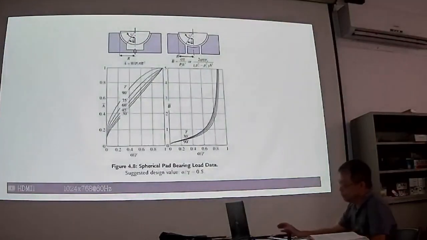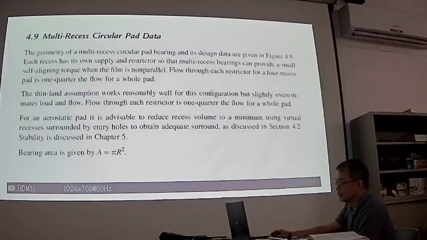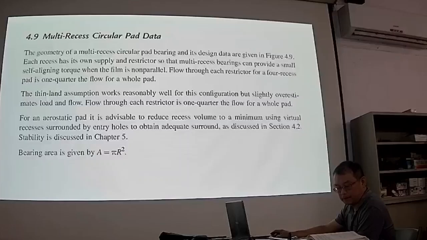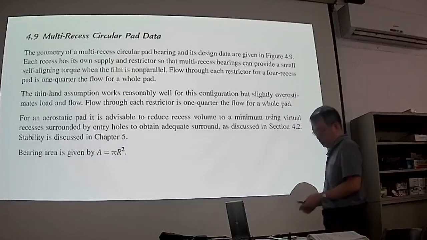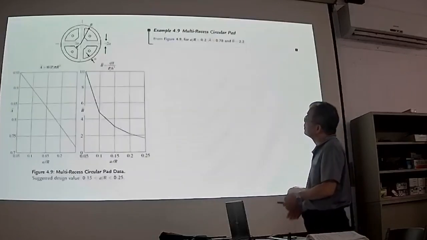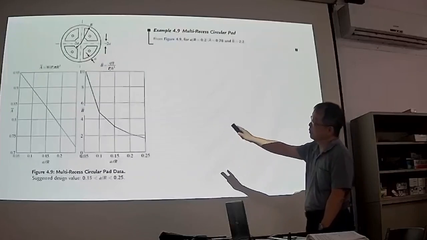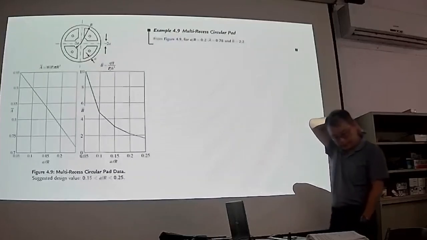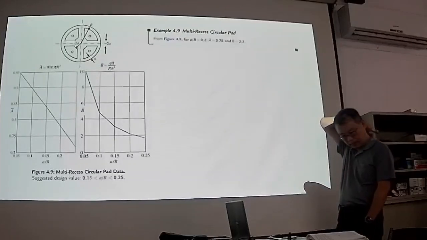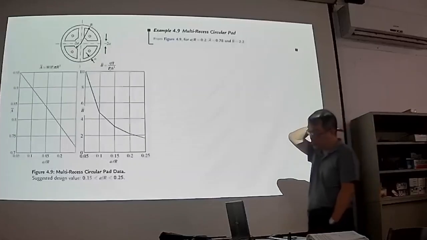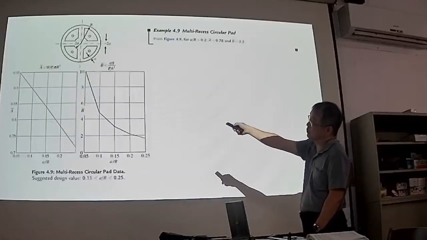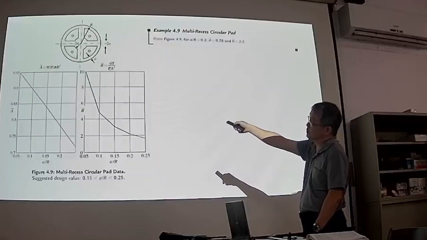Again, we have another form of bearing called the multi-recessed circular pad. This kind of bearing is a multi-recessed circular bearing pad, especially with the ball bearing here, 360 degrees.